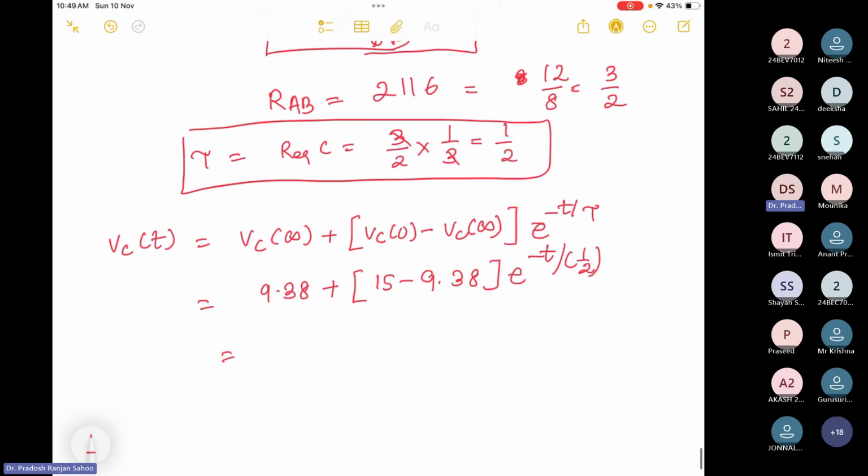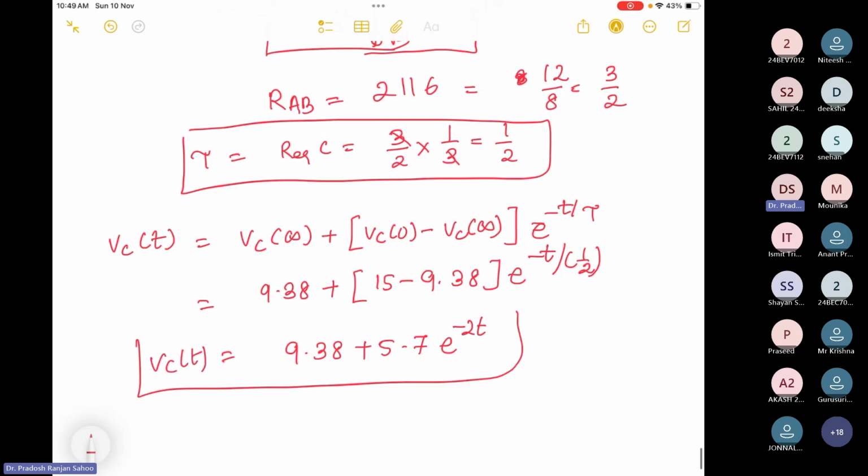So what I'll get now? 9.38 plus 5.62 into e to the power minus 2t. This is the voltage across the capacitor when t is greater than 0. Okay, this is all about your RC circuit.